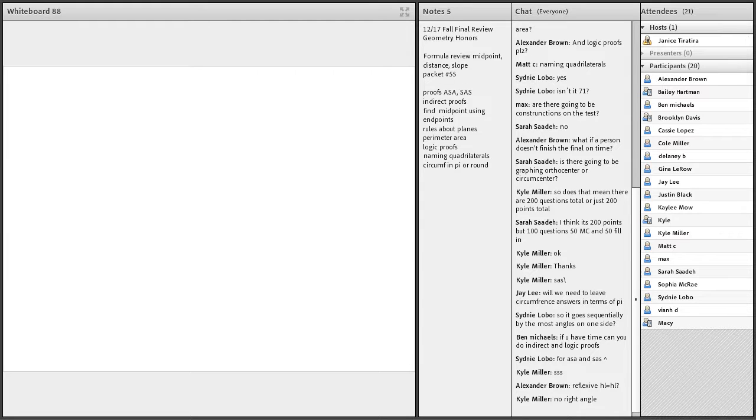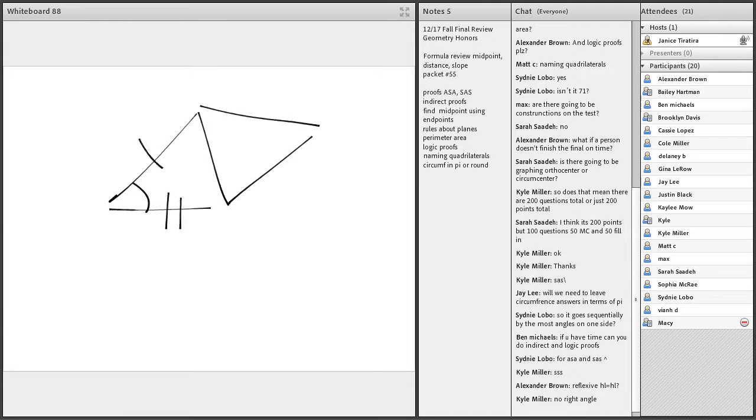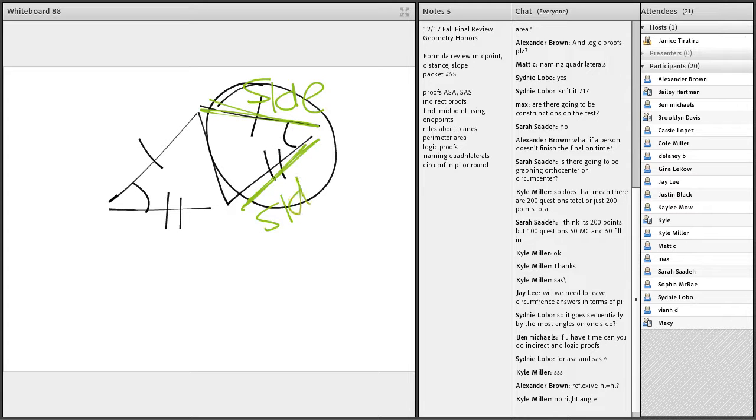Let me kind of recap. It goes sequential by the most angles on one side. So Sydney, yes. If I have another one, going back to side angle side versus angle side angle, if I have these as my tick marks, you look at one picture at a time and you say, okay, this is a side, this is a side, and the one in the little curve is the angle.